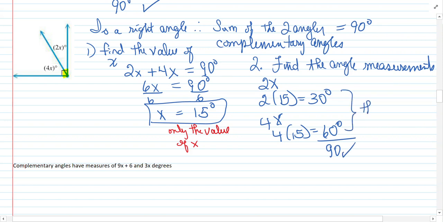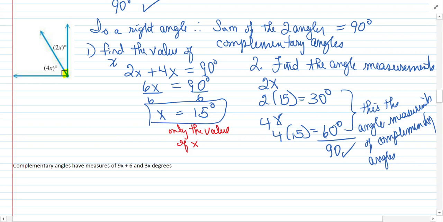Yet this is the angle measurement of the complementary angles.